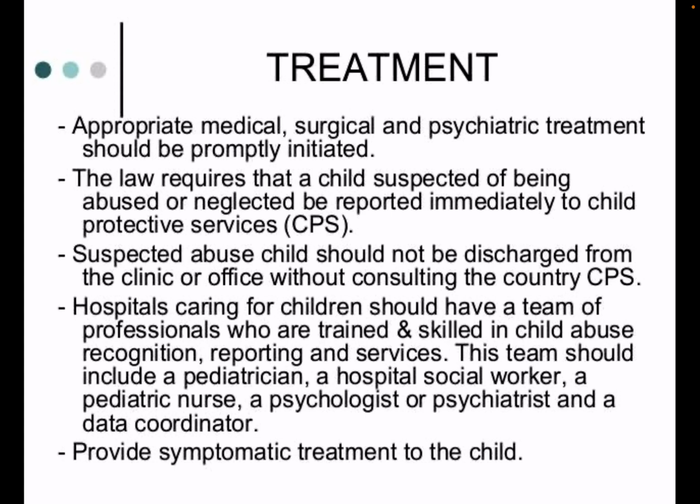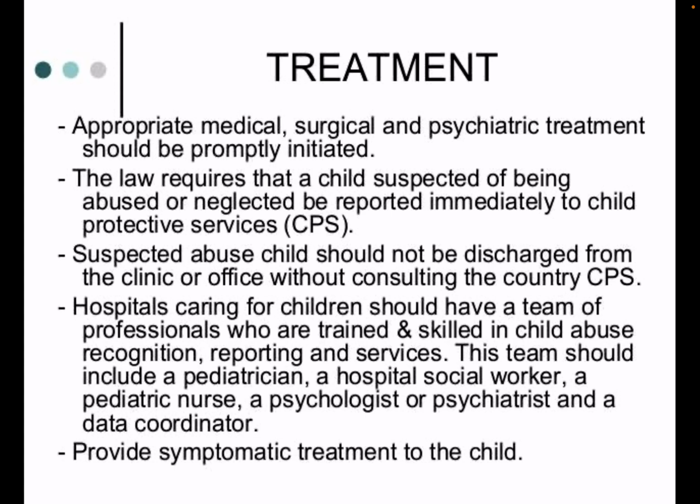Treatment. Treatment is mostly symptomatic. The treatment should be provided to whichever part of the body is affected. It is called symptomatic treatment. Appropriate medical, surgical, and psychiatric treatment should be started.